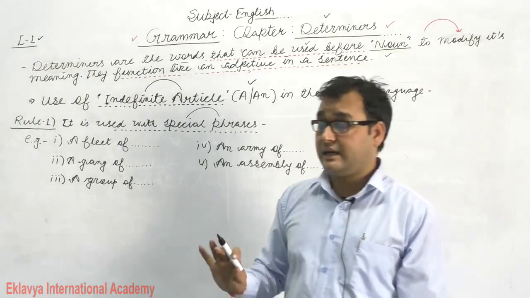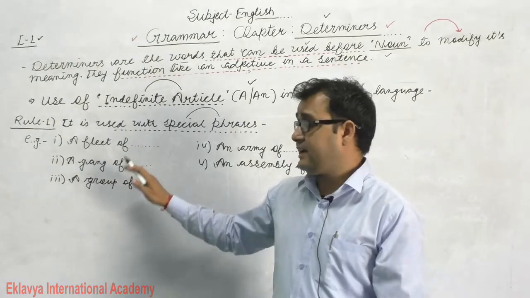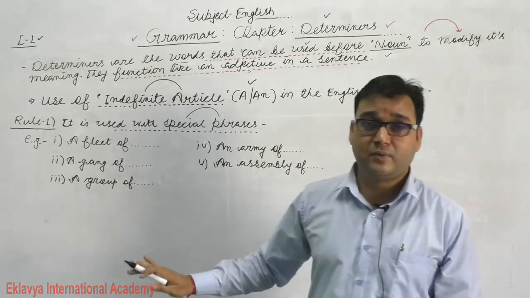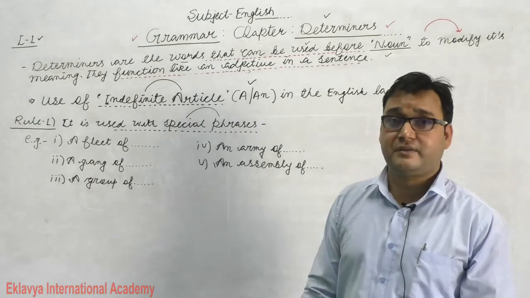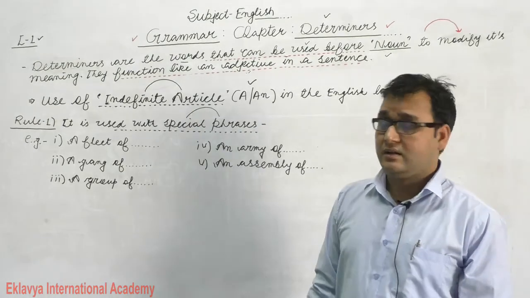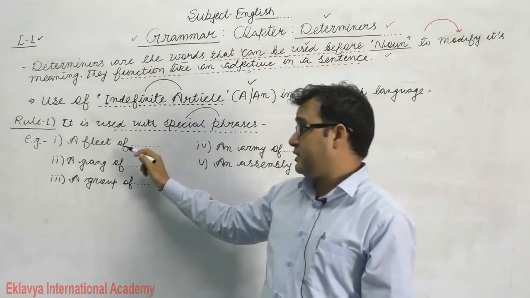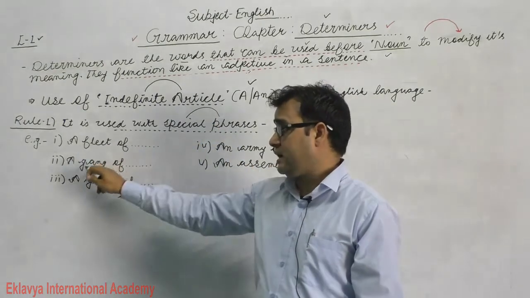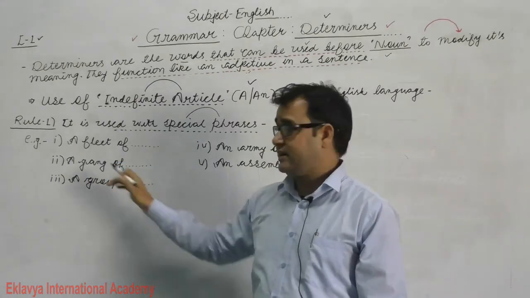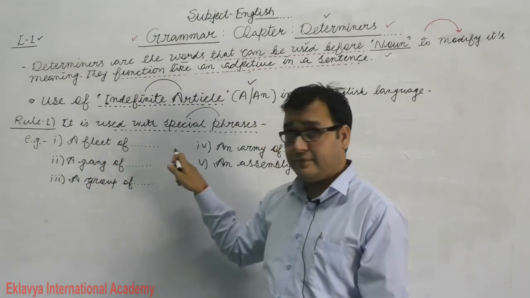Okay, I remind you again that we'll have 10 to 12 points in indefinite one, and the same we would have in definite one. It is used with spatial phrases. The point number 1, example number 1, a fleet of, a gang of, gang किसी का भी हो सकता है, a group of, an army of, an assembly of. That's why I have mentioned dot dot here.